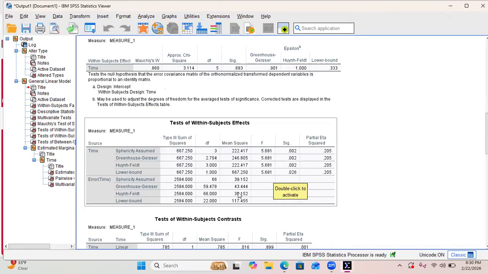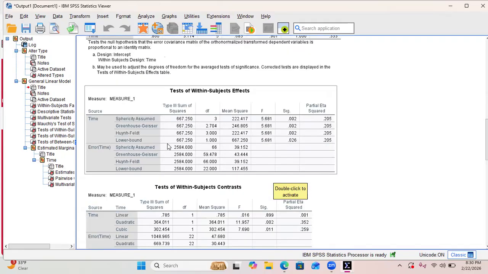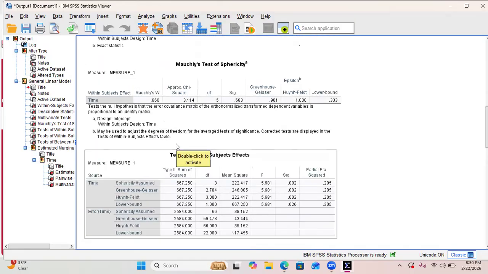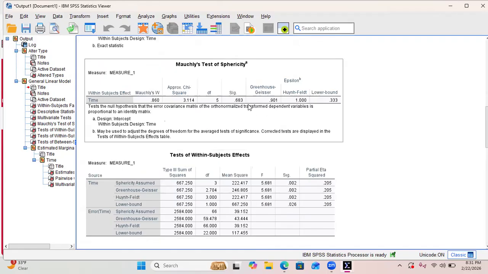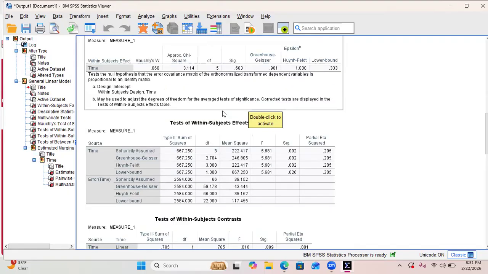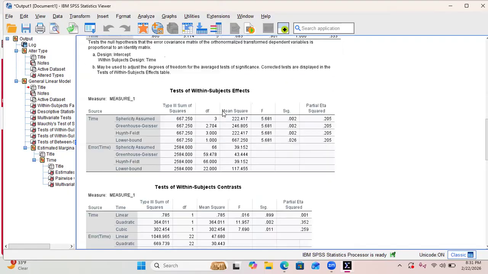Mauchly's test indicated that the assumption of sphericity, I'm sorry, that is hard to say, was met with a p-value of 0.002. Let me double check this.